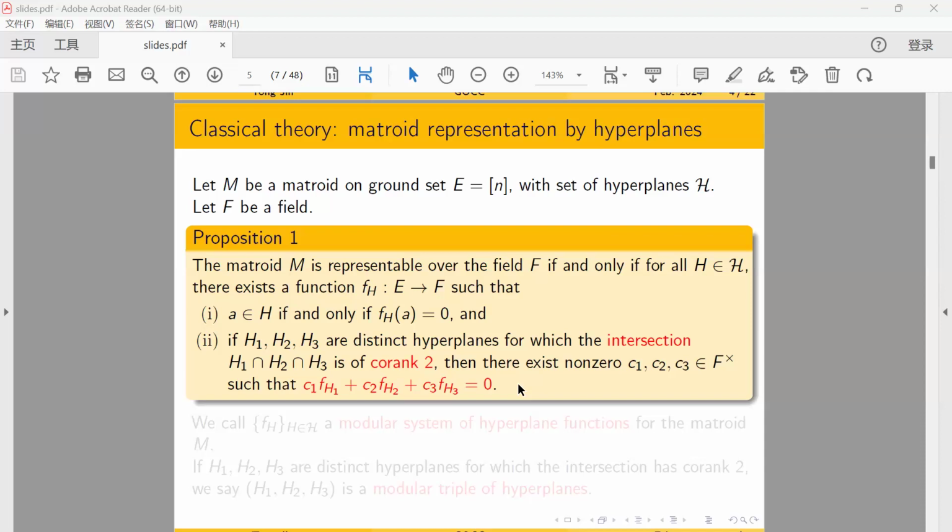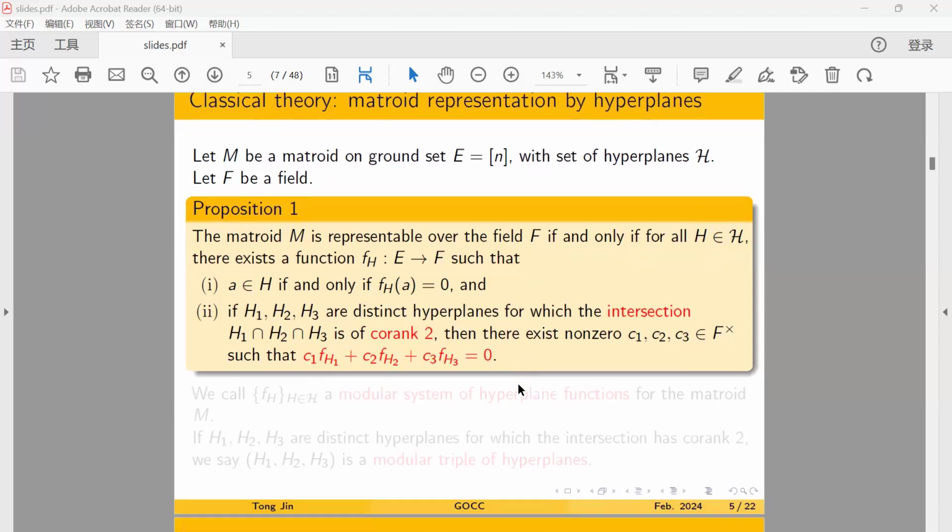And furthermore, the more important condition is that if we have three distinct hyperplanes, H1, H2, and H3, where the intersection is of corank 2, then the corresponding three hyperplane functions are linearly dependent. That means we are able to find non-zero elements C1, C2, and C3 in the field, such that the linear combination of the three hyperplane functions is the zero constant function.